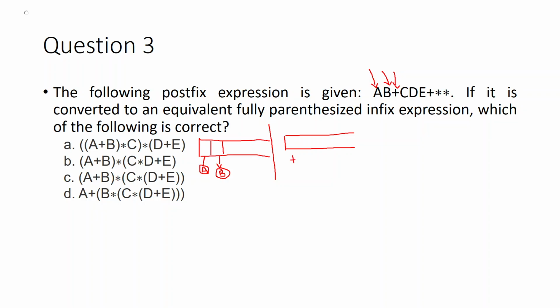The operator is plus. We need to push this plus into the stack, and the already popped elements are A and B. We need to make these two children of this operator plus.